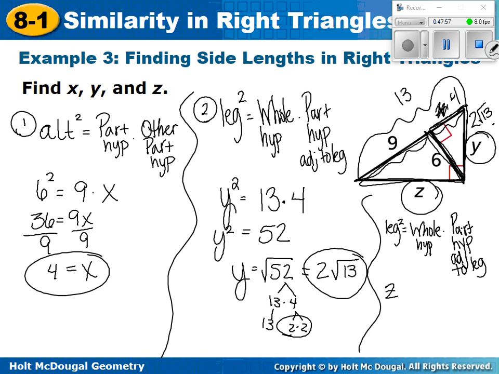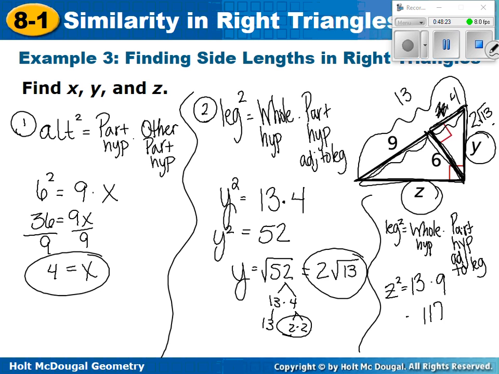Z squared equals, what's the whole hypotenuse in the big picture? 13 times, what's the part of the hypotenuse touching z? 9. Notice that changes depending on which leg you're looking at. What's 13 times 9?